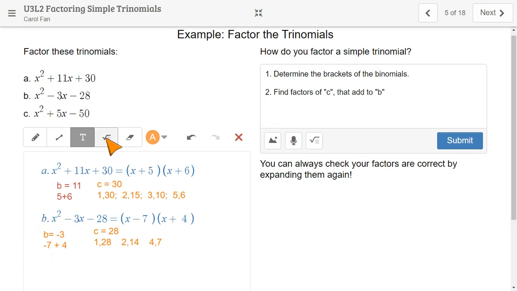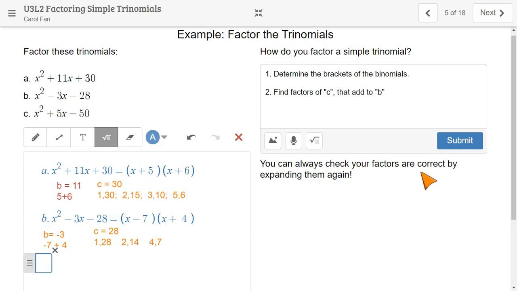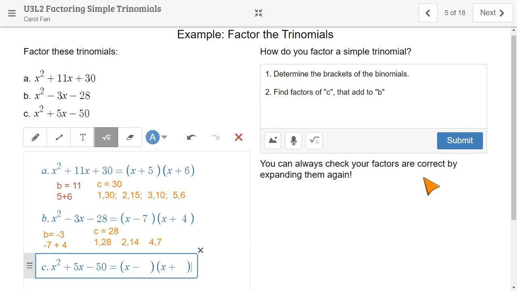The last example on this page, we have x squared plus 5x minus 50. Since c is a negative number, I know that my two brackets are going to have mixed operations. So x minus some number and x plus some number.